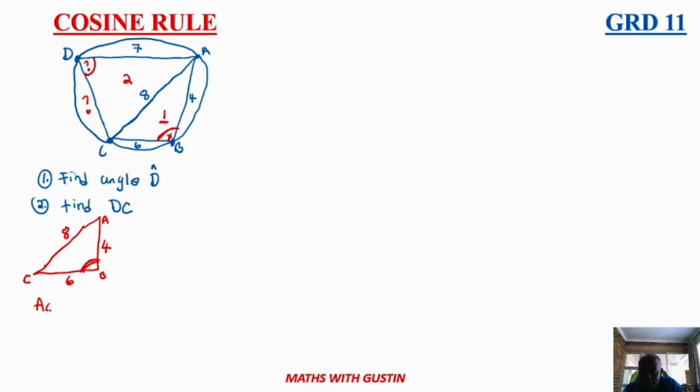You are going to say AC squared is equal to the other two sides, AB squared plus BC squared, minus 2 AB, both sides that are not opposite the angle, you put them here, and then cos of the angle you are looking for.